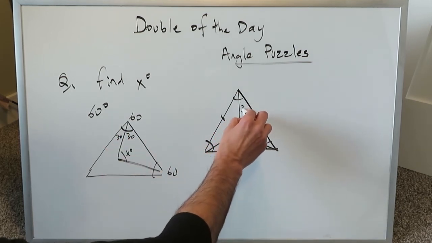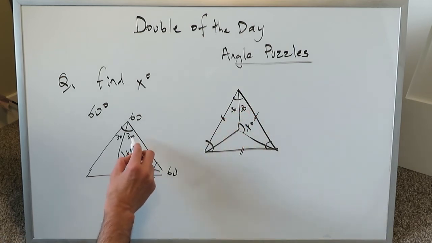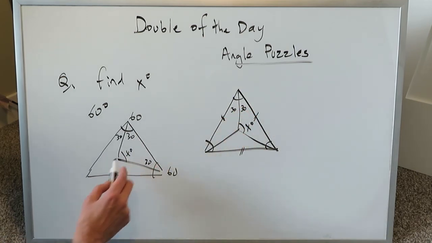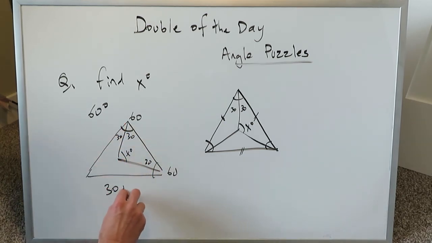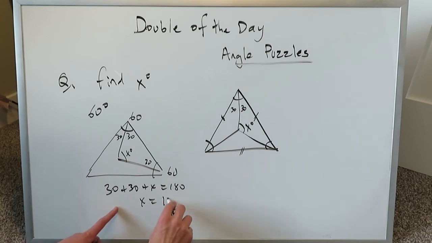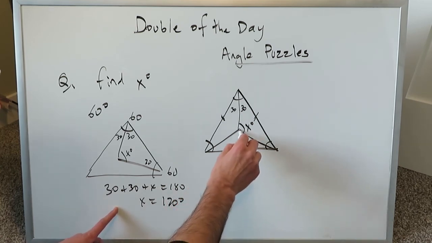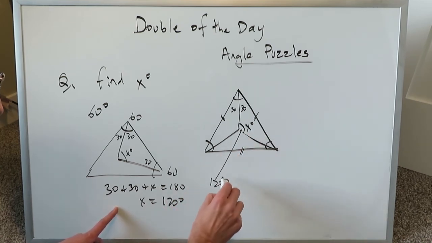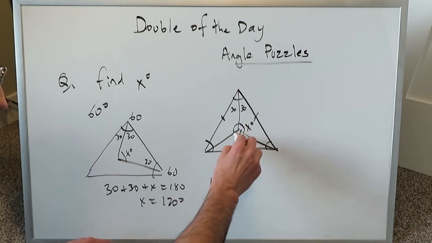Focus right here. You have a 30 here and a 30 here. If I have a 30 here and a 30 here, then I can easily determine X, because the sum of all the internal angles of this specific triangle should be 180. I'll have 30 plus 30 plus X is equal to 180, and then X is equal to 180 minus 60, and it'll be 120 degrees. This angle right over here would be 120 degrees, but then likewise all of these would be 120.